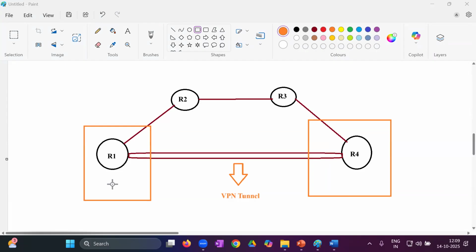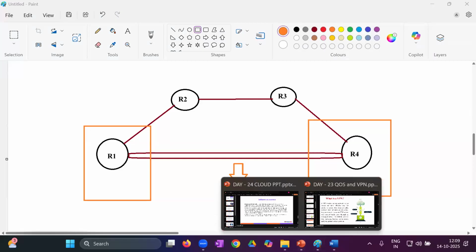If they want to communicate, instead of going through other connectivity, it is going to have a point-to-point connectivity. And this is called what? Site-to-site VPN. In this case, we have a dedicated connectivity where R1 and R4 communicate using a VPN tunnel.